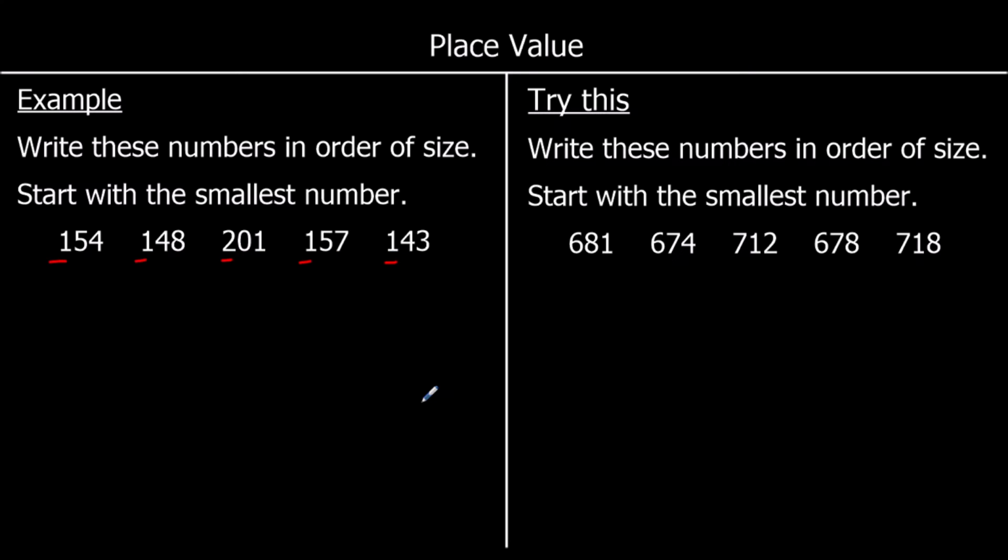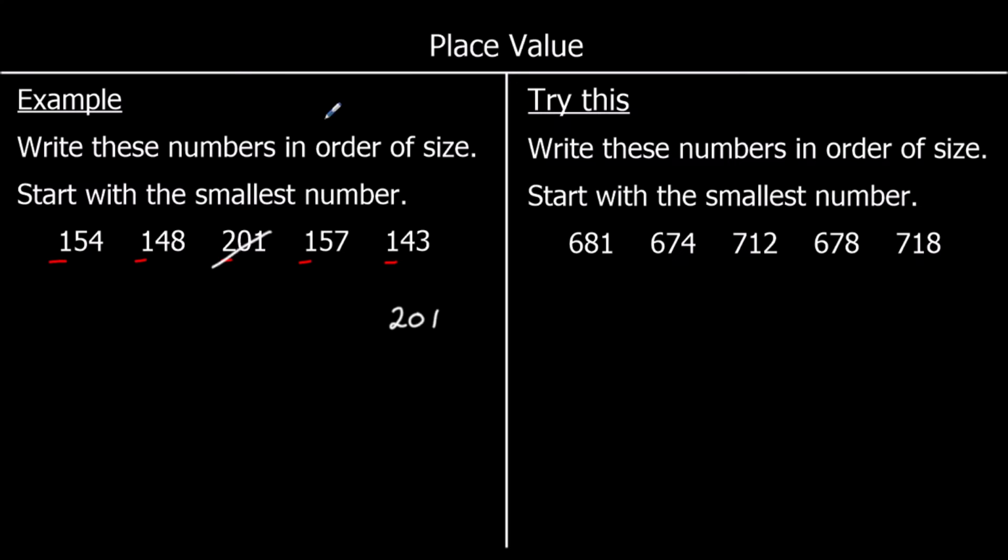We can see that we've got 4 numbers with 1 in the hundreds and 1 number with a 2 in the hundreds. So the one with the 2 in the hundreds is bigger than all of the numbers with a 1 in the hundreds. So 201 is going to be the biggest number. So that's going to go last because we're going from smallest to biggest.